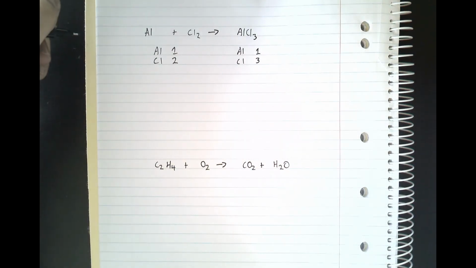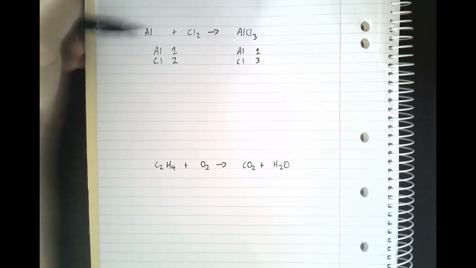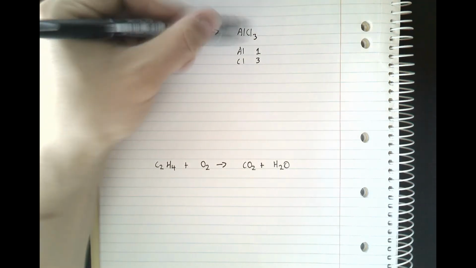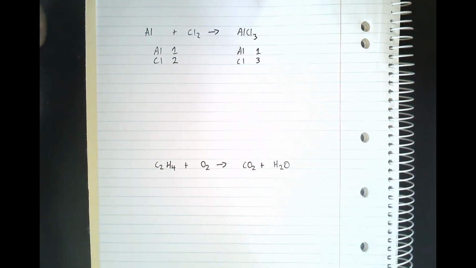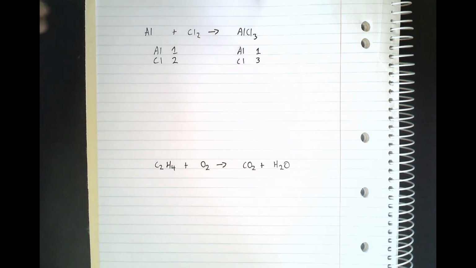Now, what we need to do is increase the number of molecules, either of elements or of compounds, by whole numbers. In doing so, you'll end up increasing the number of particles on either side of the equation, and you continue to do so until the whole equation is completely balanced and there are the same number of each type of atom on both sides.